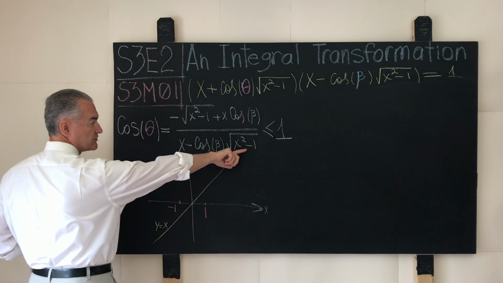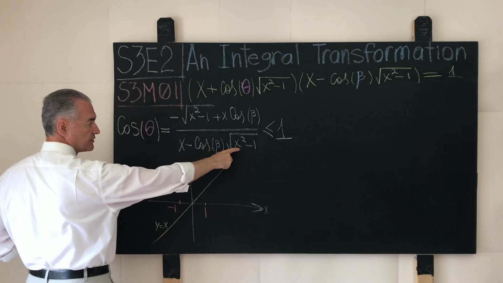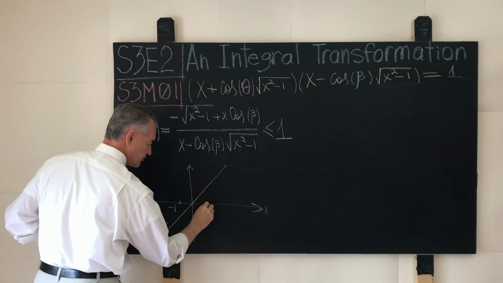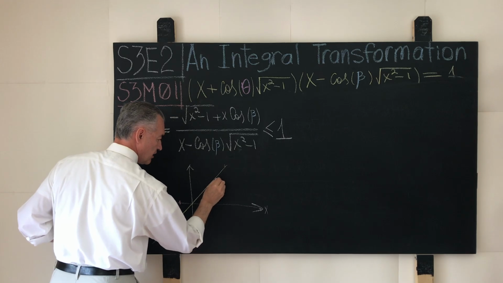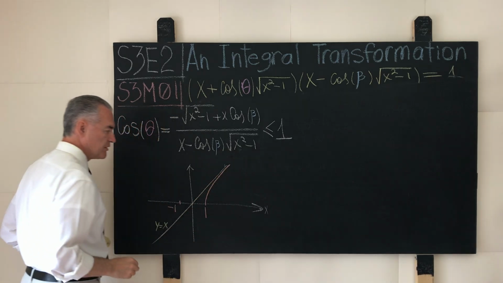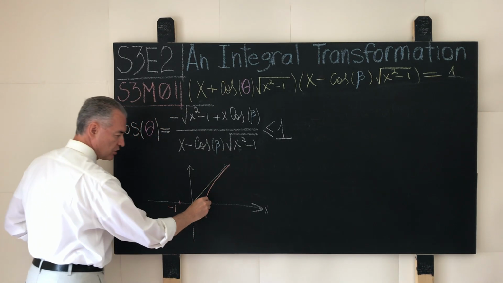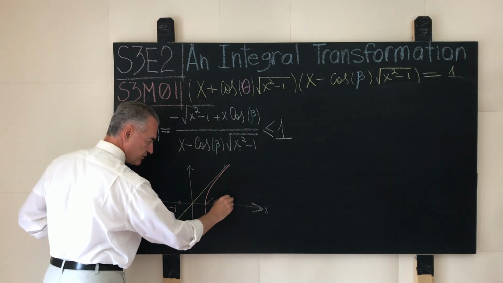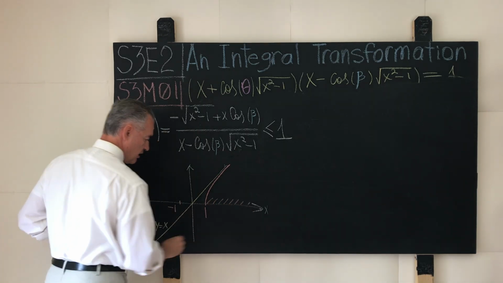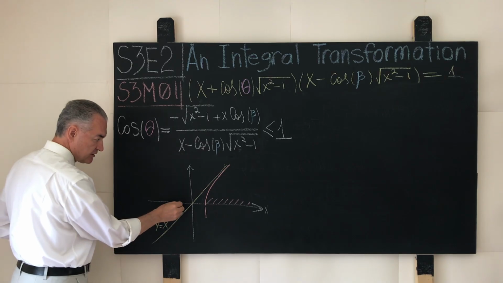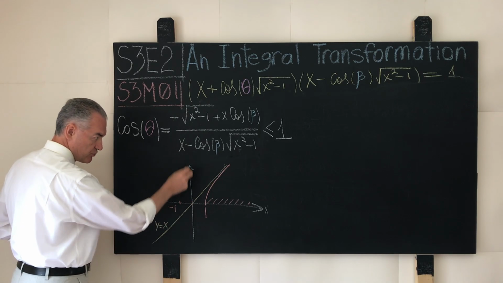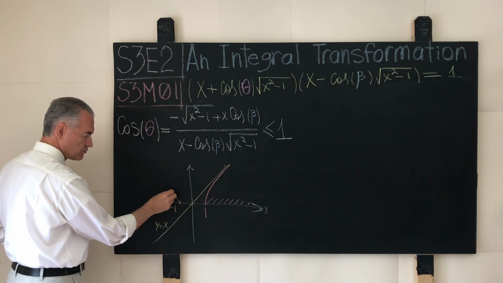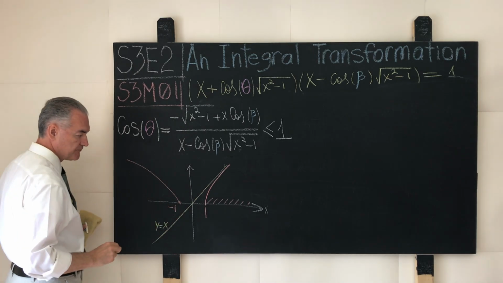So this function over here, square root of x squared minus 1, because x is squared, it will always be in the upper half plane, so it will run as follows, and then y equals x will be the asymptote for these values of real numbers x. But on the negative side, the branch will run symmetrical to this branch with respect to the y-axis, but it will run somehow this way.